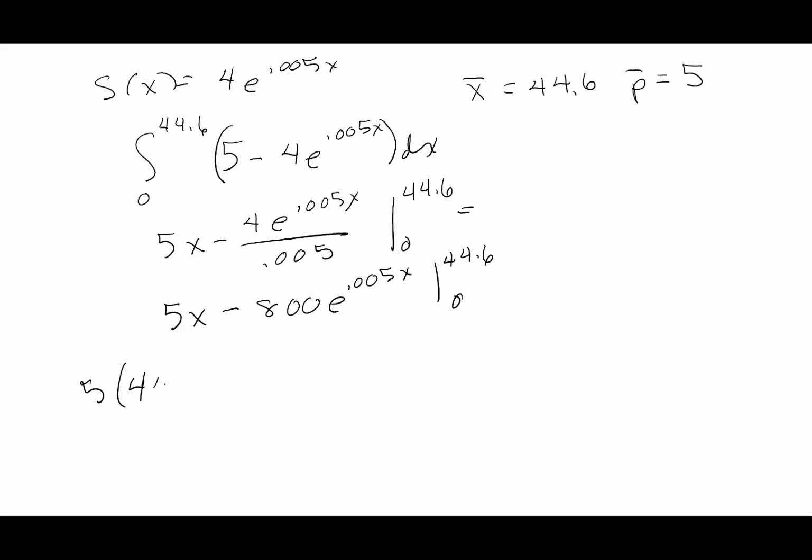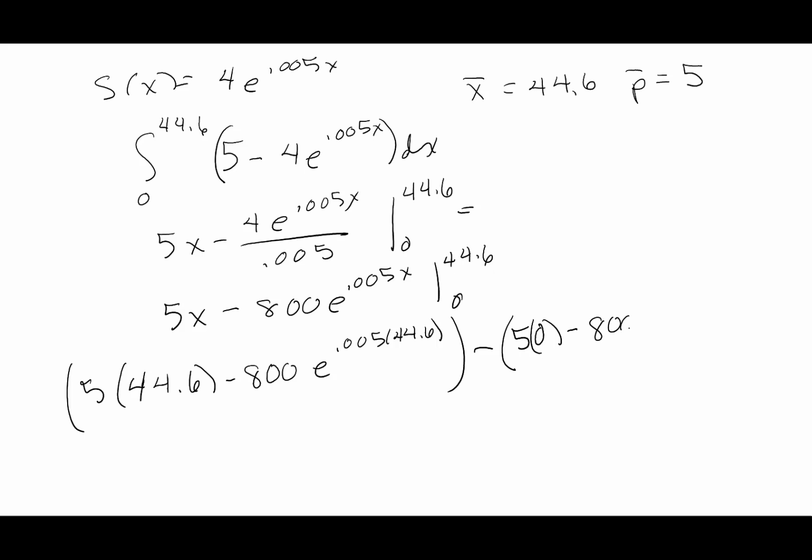So I'm going to start with the 44.6. I plug that in everywhere. And then I plug in 0. So I have 5 times 0 minus 800 e to the 0.005 times 0. So this time, the 5 times 0, this is 0.